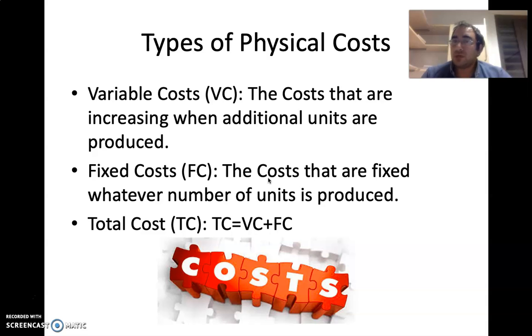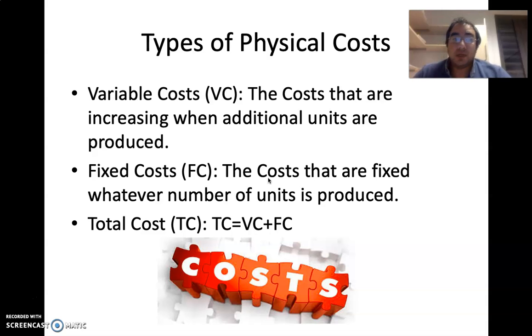So let's think, for example, of a restaurant. Some costs might remain the same whatever level of customers we have, for example, the rent we pay for the restaurant. Other costs might vary when we have more customers.